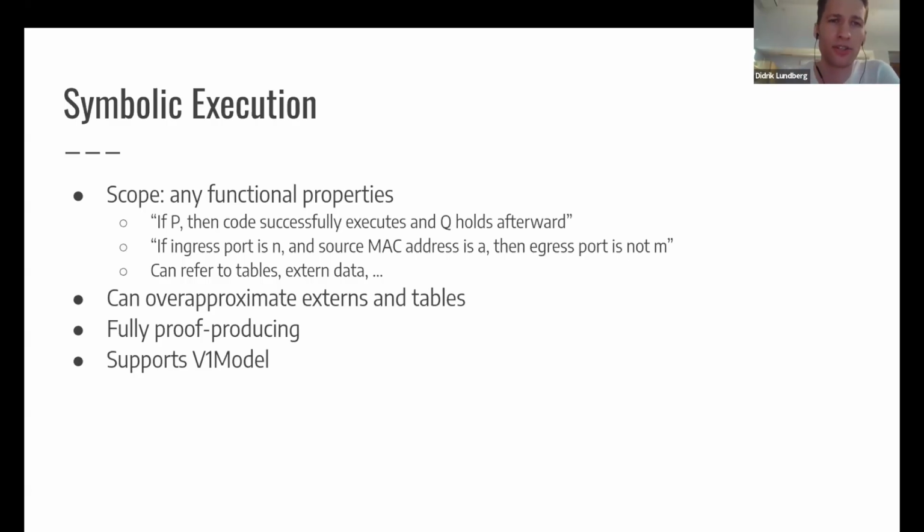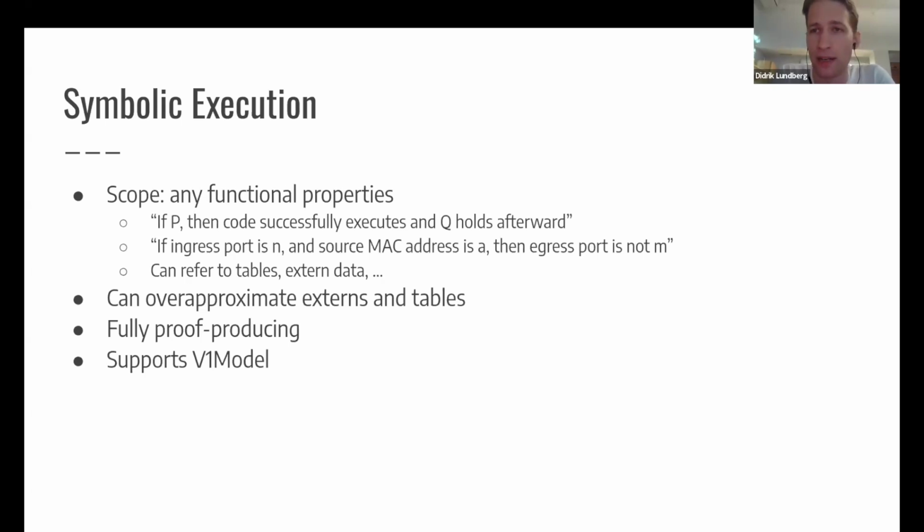The symbolic executor can over-approximate externs and tables automatically, meaning that table configurations don't need to be known beforehand. You can start out with some assumptions on these configurations, but you don't need to know the concrete configuration.